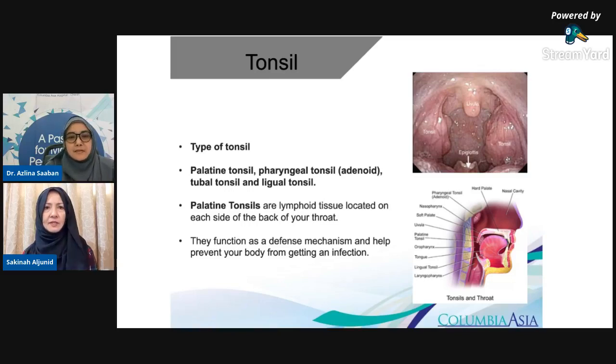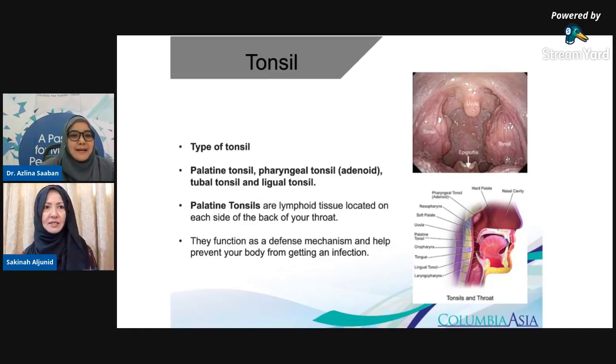Are you able to see tonsils if you open your mouth and look in the mirror? It depends. If you open wide and say something, when the tongue base is going down, then you can see the tonsils. Usually when you open your mouth wide, you see something hanging, suspended on the roof of your mouth.